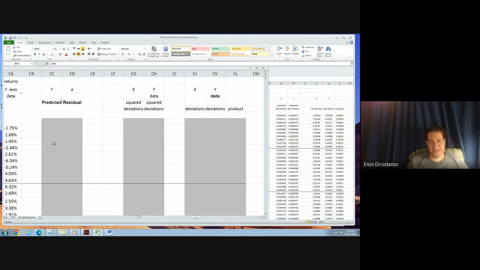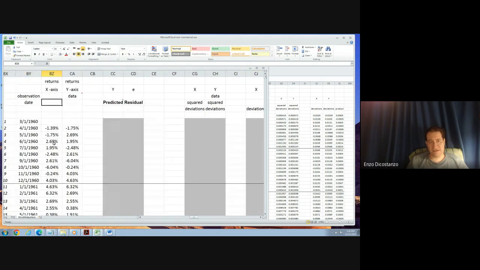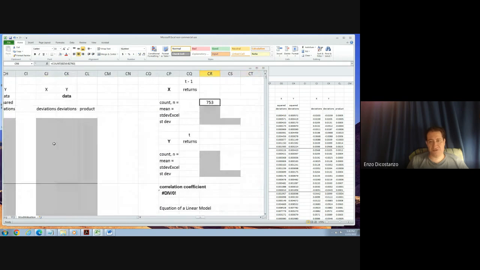So your BZ, then you have to go to CA. Here's what you can do, because it's a little unwieldy dealing with this. This is 10 to 762, right? And 62, CA.